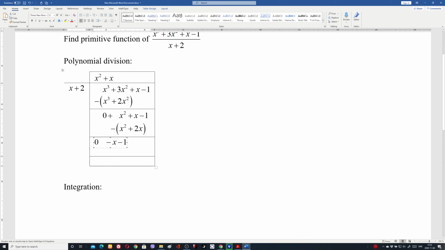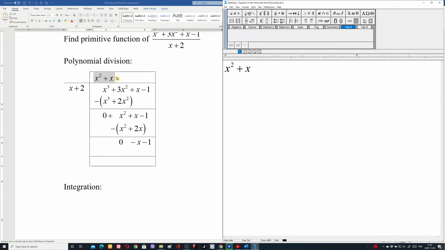Let me see if I did it right. Okay, now it's good. Now I should find another variable here, and this will be minus 1.